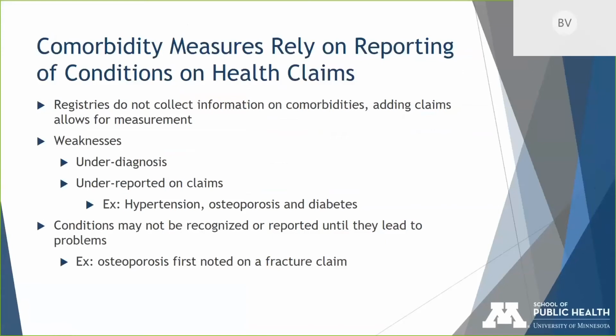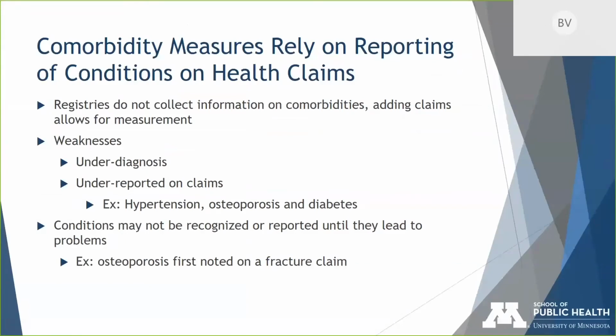But just remember that comorbidity measures rely on reporting of conditions in the health claims. So this is not information that's reported by or collected by registries. That's one strength of the SEER-Medicare data, that you are able to get that information on comorbidities.